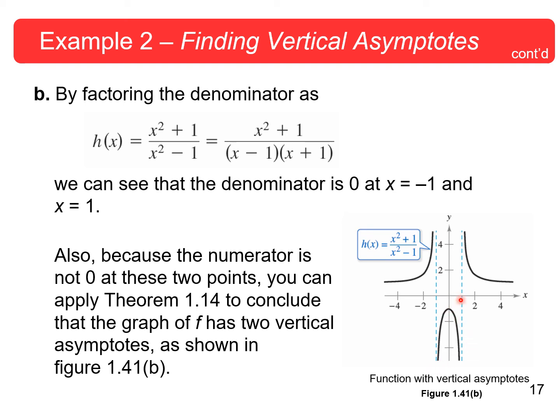Also, as x approaches positive 1 from the left, the function decreases without bound. And as x approaches 1 from the right, the function increases without bound. So x equals positive 1 and -1 are vertical asymptotes.